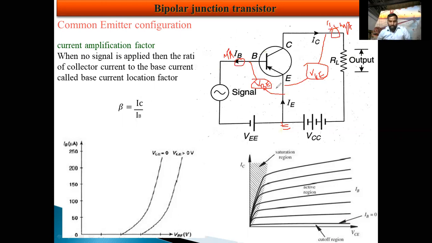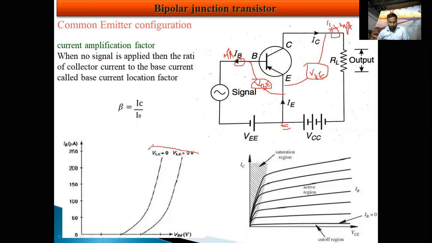Now to explain the input characteristics, we have to keep VCE constant and change the VBE and note the corresponding value of IB in microamperes. We have to take different VCE values 0, 2, 8, 10 volts, like that.